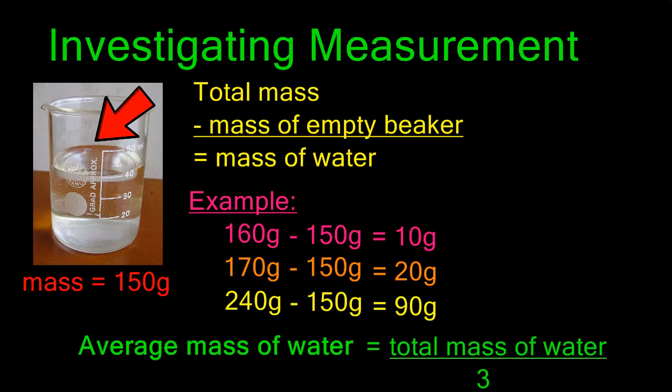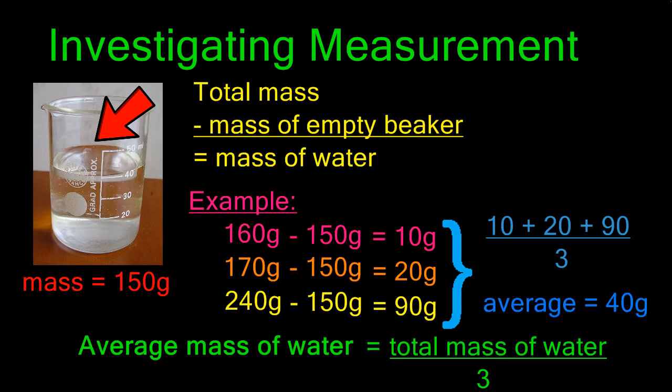So the total mass of the water, and divide it by the number of values that we have, in this case 3. So we would add up 10, 20, and 90, and divide that by 3, since there are 3 values that we have here. That would give us an average mass of water of 40 grams.